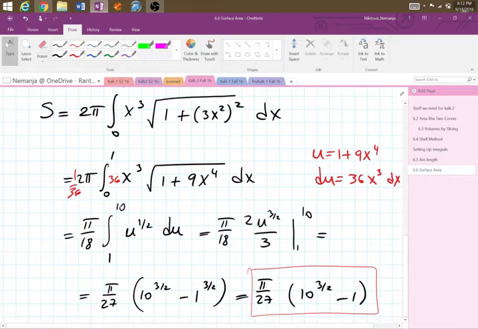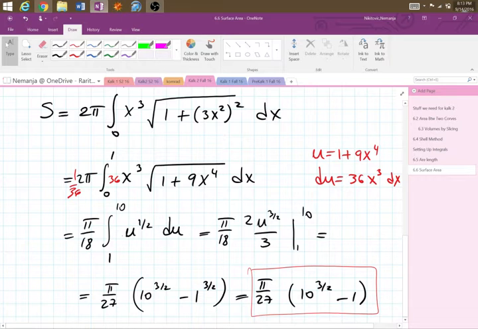Now, I don't have the 36, so I will place a 36 in front and over 36 to fix the coefficient. I need it. So now that becomes pi over 18 integral, 36x cubed dx is du.